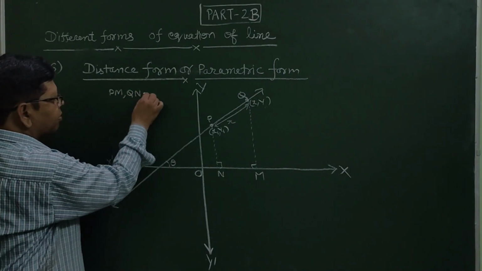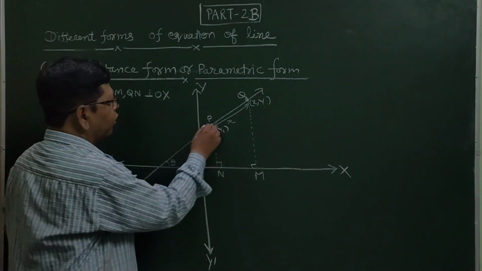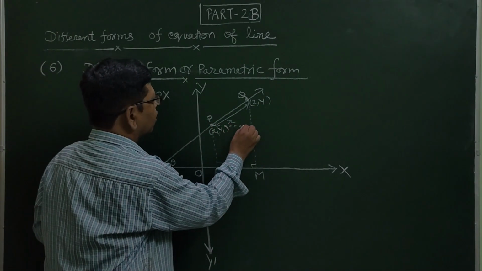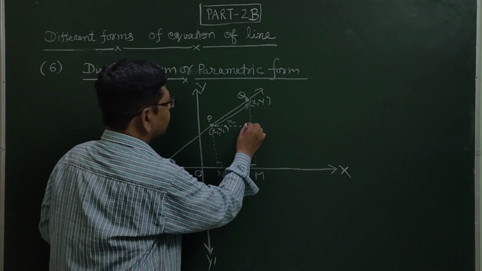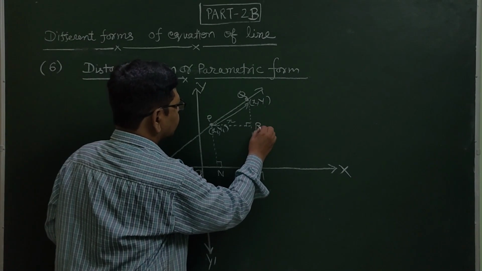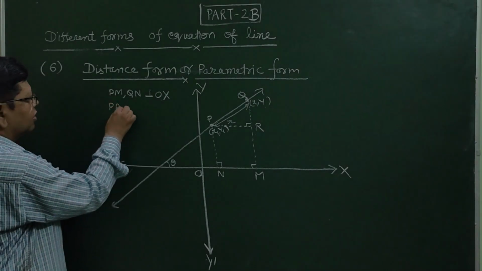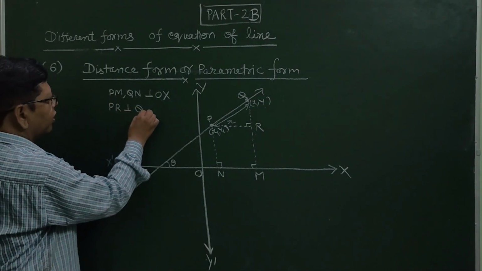Now from the point P, draw another perpendicular on QM, which is PR.